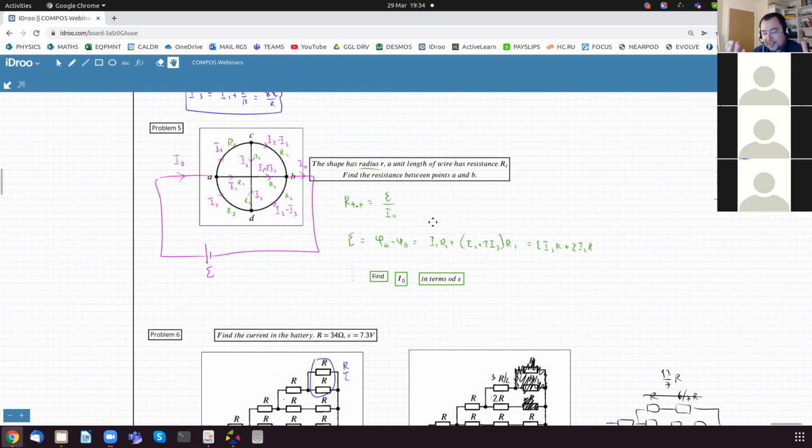Basically there's a chemical reaction which pushes positive ions towards the positive terminal of the battery, and negative ions towards the negative terminal.